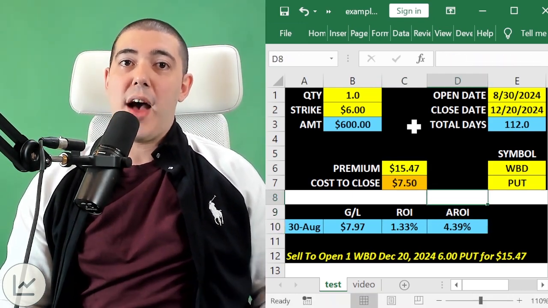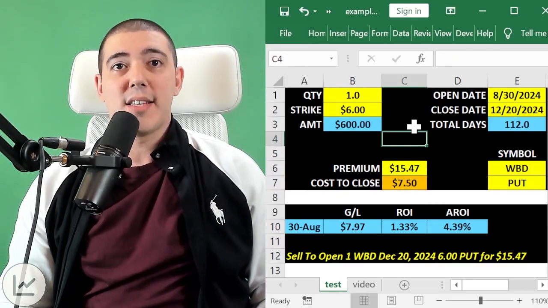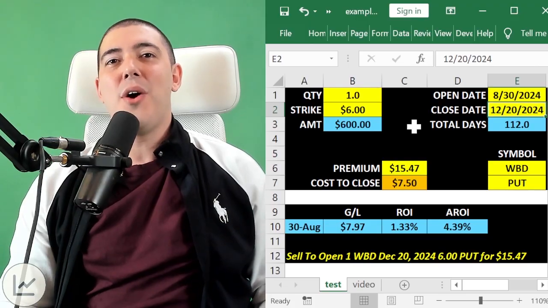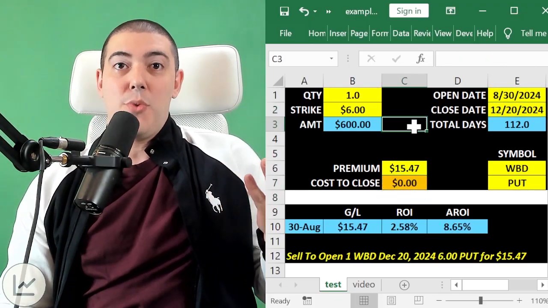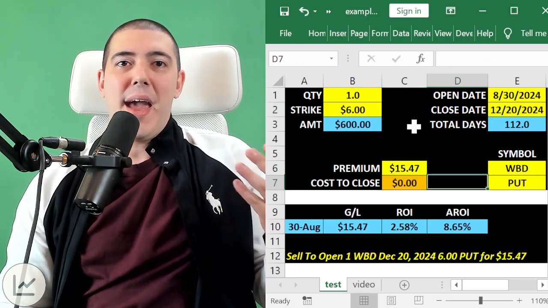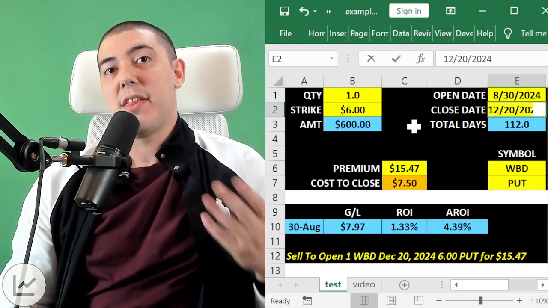So you see, if I paid half the contract back, the return cuts in half about, right? Makes sense. But what if I closed it early? Because notice, when it was 0, I waited till expiration. That's at the 20th. But I'm not going to, at the 20th, pay $750 to close it. Let's say that happened a month before expiration.